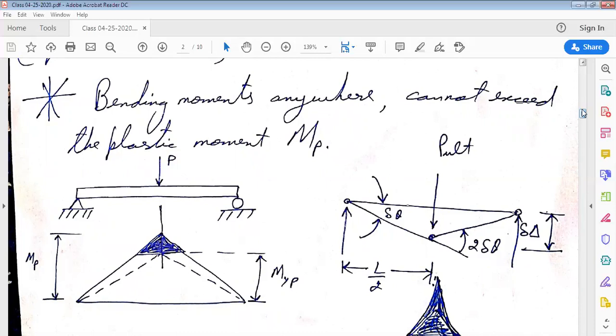You can see the left end of the beam in collapse mechanism has deformed by delta theta. Right hand also has deformed angularly by angle delta theta, and the plastic hinge in the middle of the beam has experienced angular deformation of 2 delta theta.